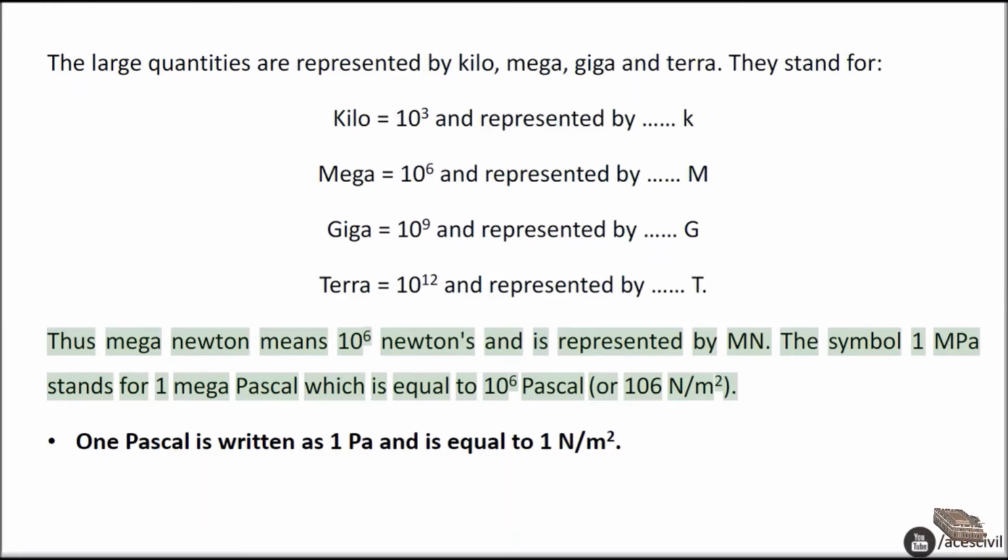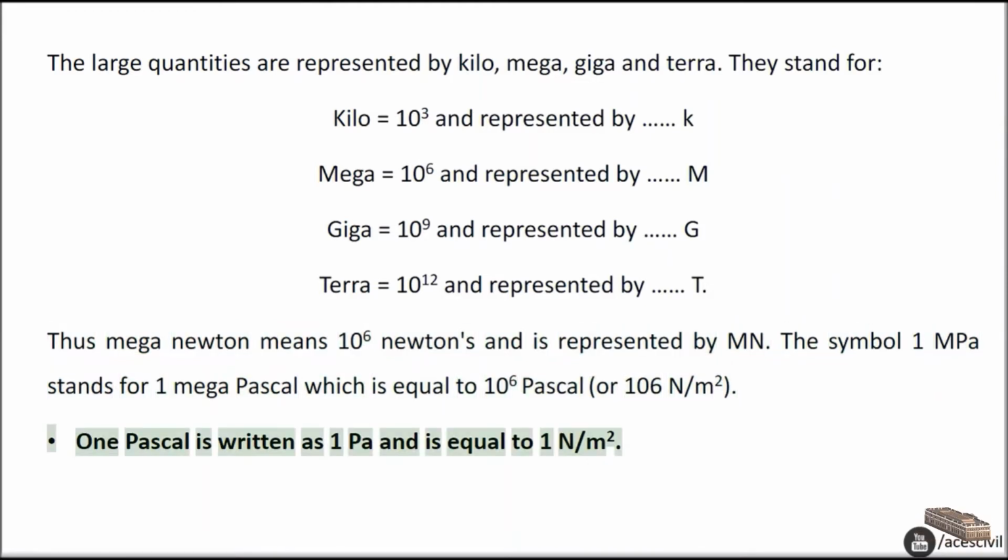The symbol 1 MPa stands for 1 Mega Pascal, which is equal to 10⁶ Pascal, or 10⁶ N/m². 1 Pascal is written as 1 Pa and is equal to 1 N/m².